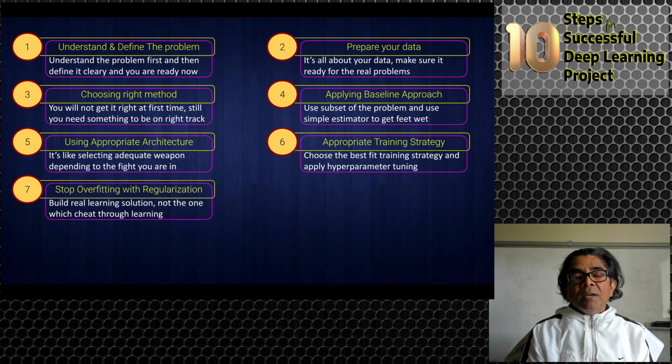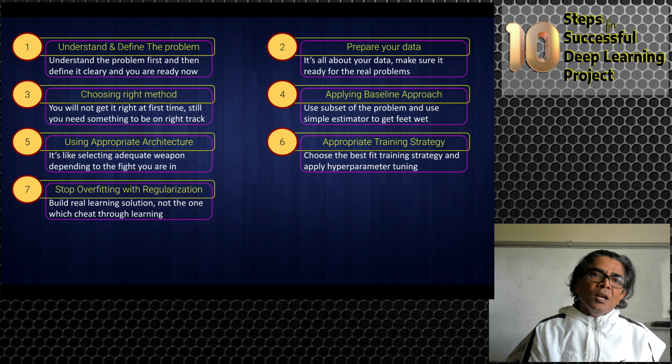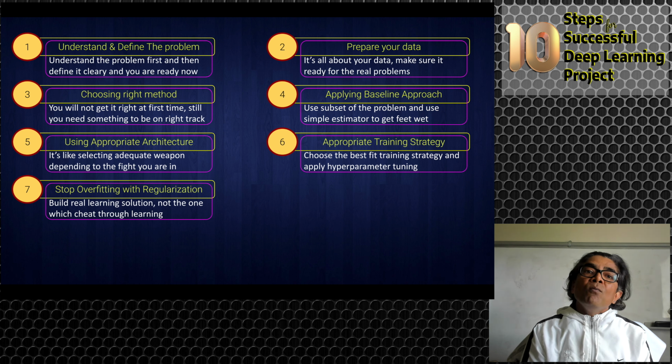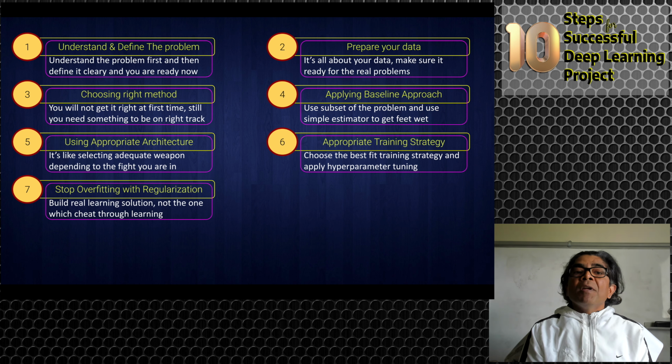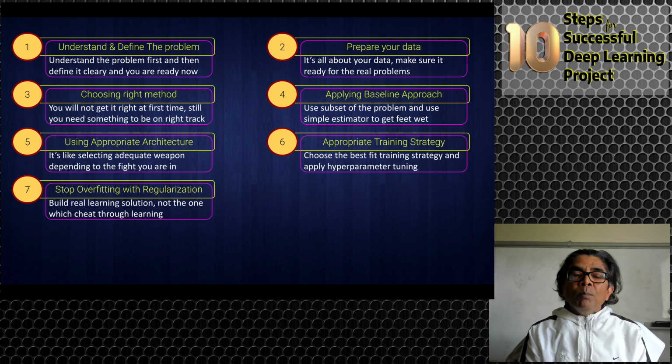If your model is overfitting, it means it's going to work best on your training data, but as soon as it sees the test or the real world data, it will fail to predict correctly. And in order to achieve higher regularization in your model, your training strategy has to be very good. It means you have a very good combination of hyperparameters which are helping your model to learn better.